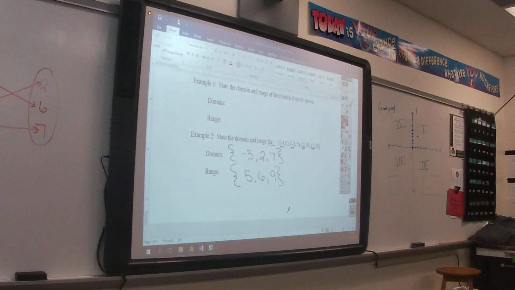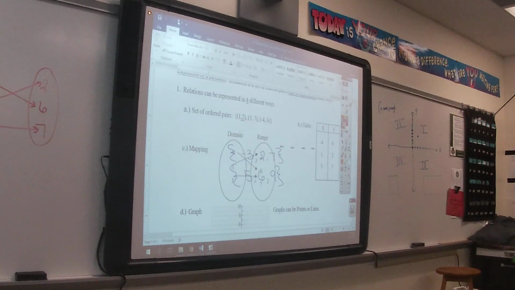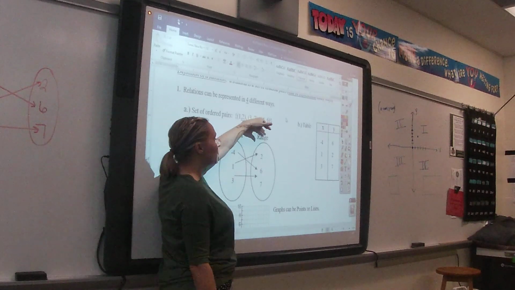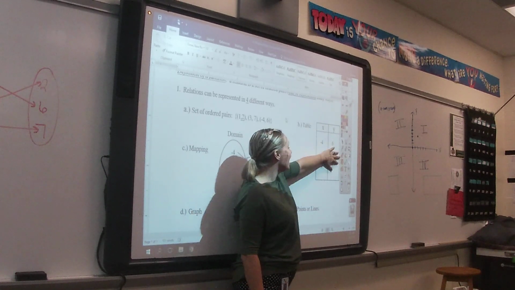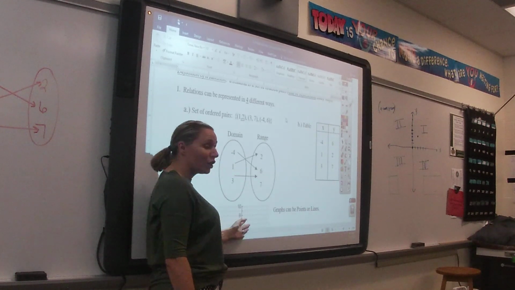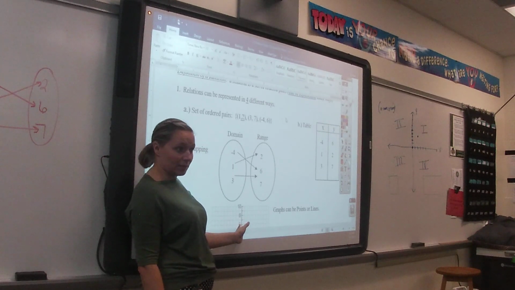Okay, so here's the thing that we should notice. If we are looking at these 4 terms on the top of the paper, we can fluidly go in between all of these forms. Right? If I gave you ordered pairs, you could turn it into a table. If I gave you a table, you could turn this into plotting points.